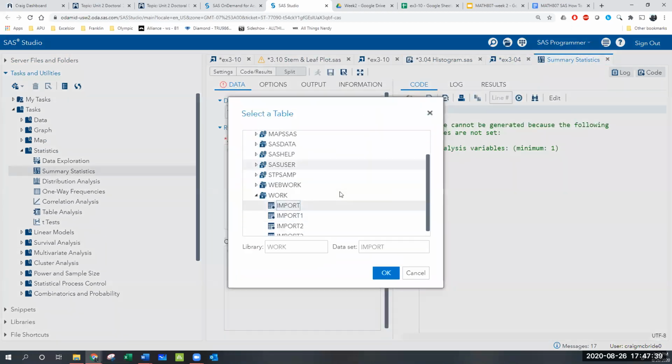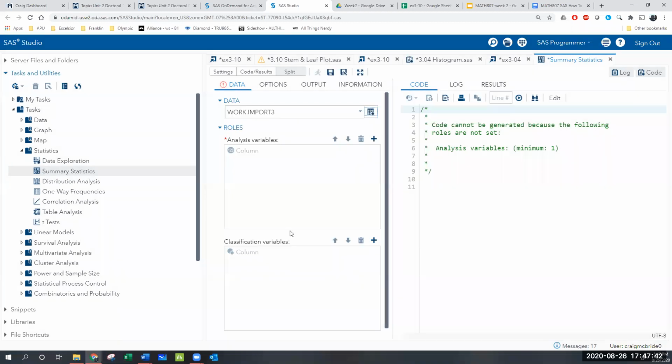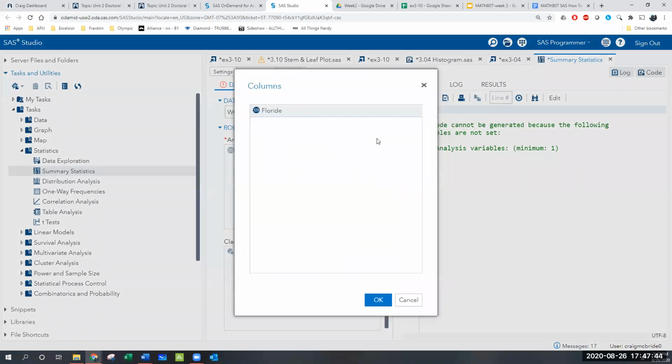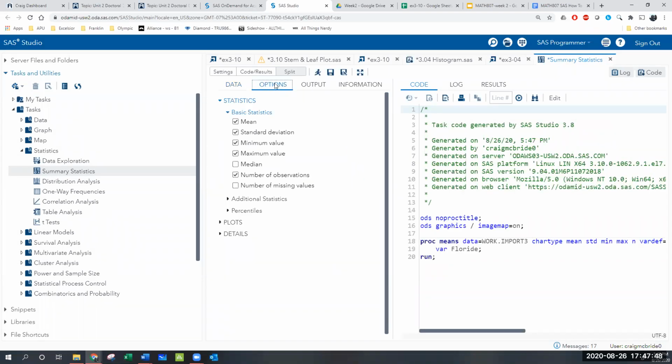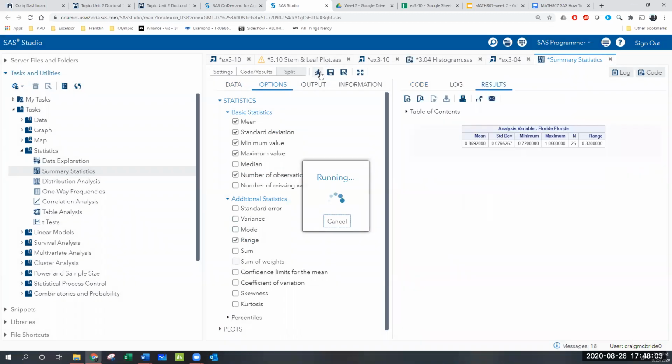So choose import 3. Your analysis variable is fluoride. Then if you go to your options, this is what it defaults to. But if you go to additional statistics, you can select range, and it'll give you the range. If you run it, there's my range, 0.33.